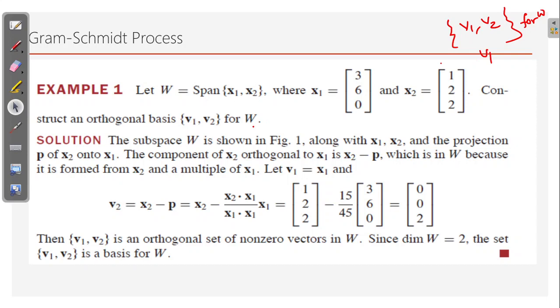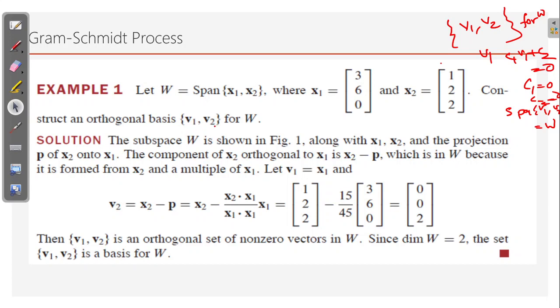If the set S equal to v1 v2 forms a basis, that means v1 v2 are linearly independent. That means c1 v1 plus c2 v2 equal to 0 will only have the trivial solution, that is c1 equal to 0 and c2 equal to 0. And also span of v1 v2 should be equal to w. That means v1 v2 generates the w plane. So that is what I mean by basis.